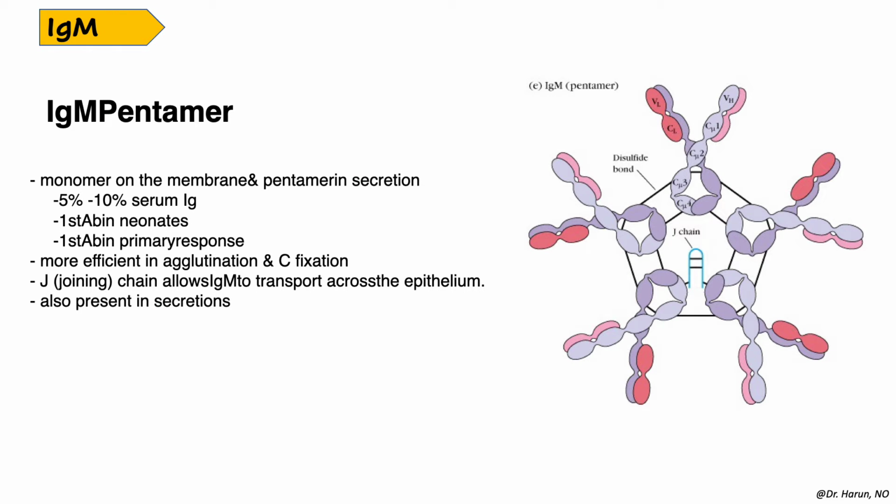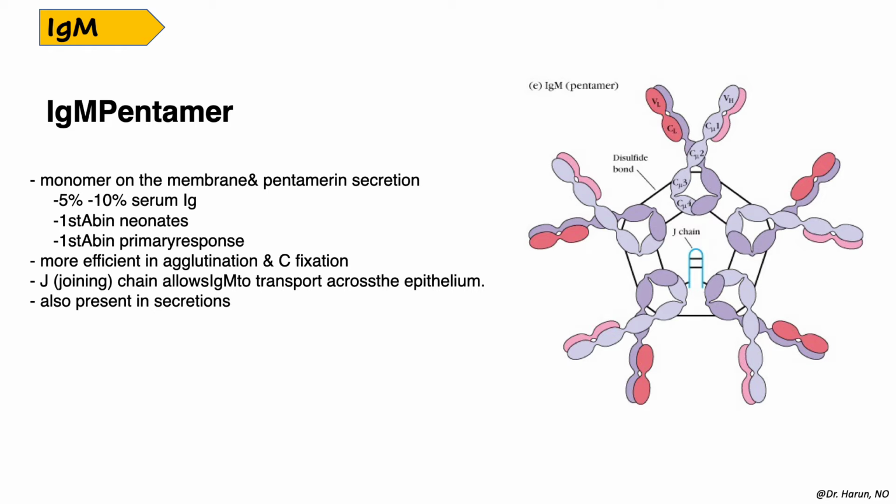Whereas IgM is in the form of a pentamer, a monomer on the membrane and also a pentamer in secretion. It is the first antibody in neonates or babies, and also the first antibody in the primary response.